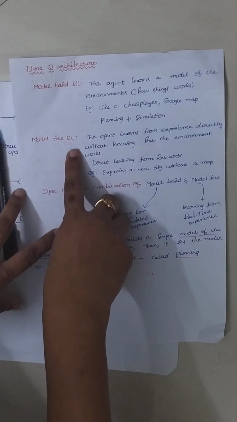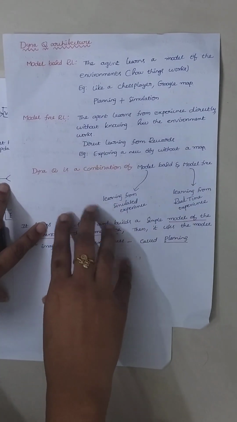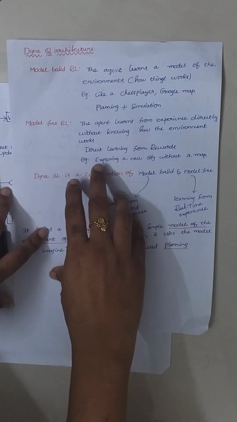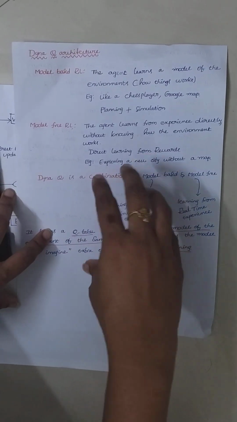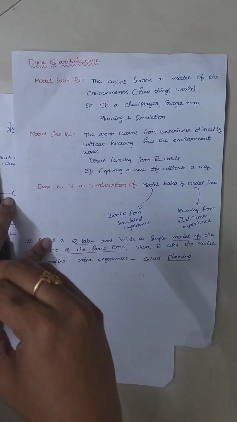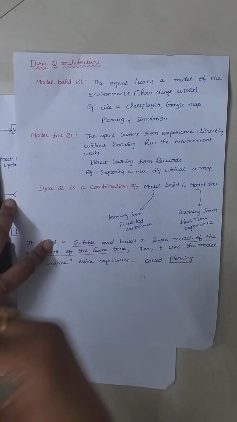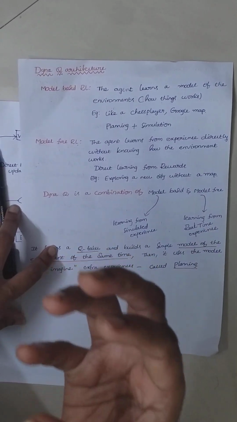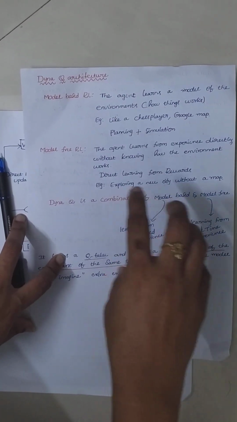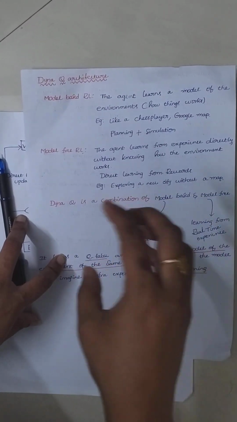And when coming to model free RL, here there is no environment, there is no model. The agent learns from its different experiences, like trial and error. It performs some actions, and based upon the actions, it will get some rewards. Based upon the rewards, it will understand and build the model.